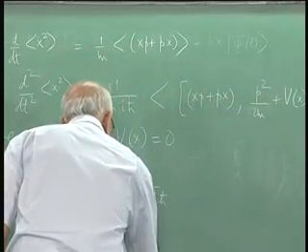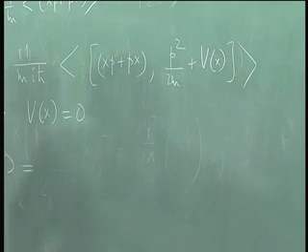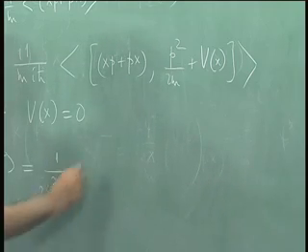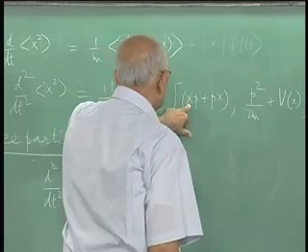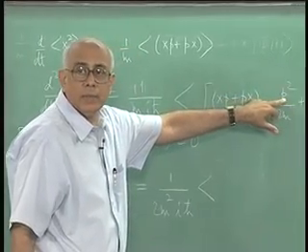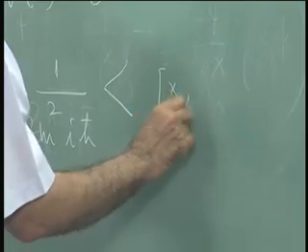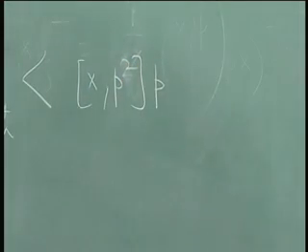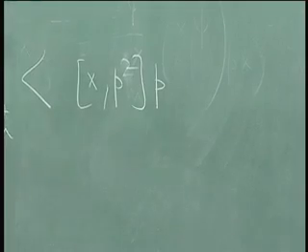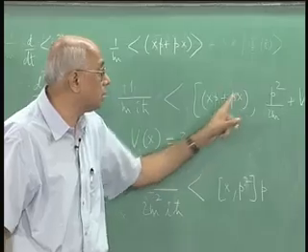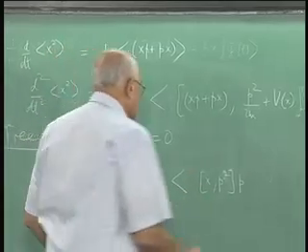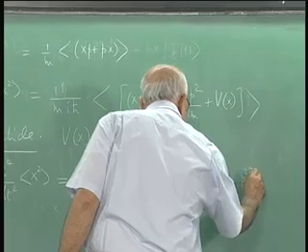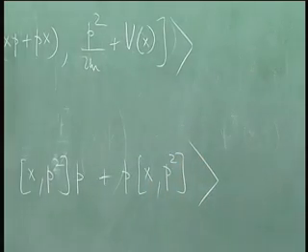So let us pull out another m, it is 1 over 2 m squared i h cross, expectation value of x with p squared, and that is all you need. So x with p squared with a p outside, because p with p squared of course commutes, and there is no V of x, so this term does not contribute here, plus p times again x with p squared, expectation.